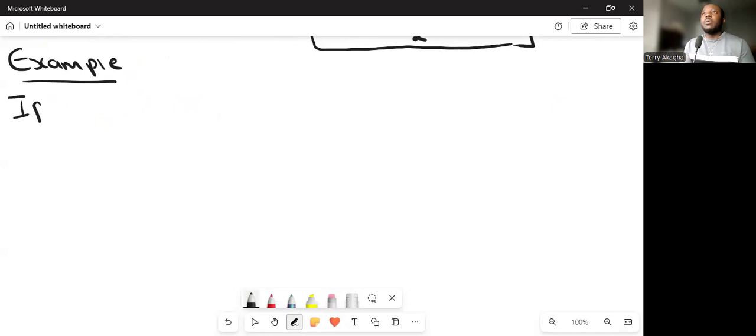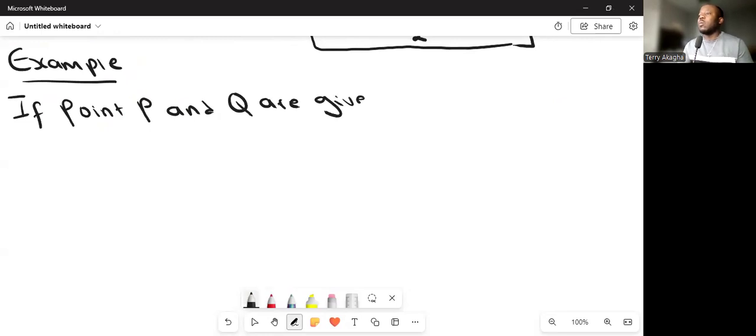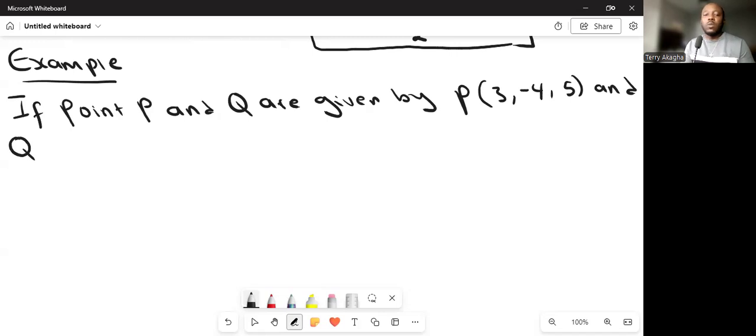We're told if points P and Q are given by P to be (3, -4, 5) and Q to be (-1, 0, 3). Find its midpoint.